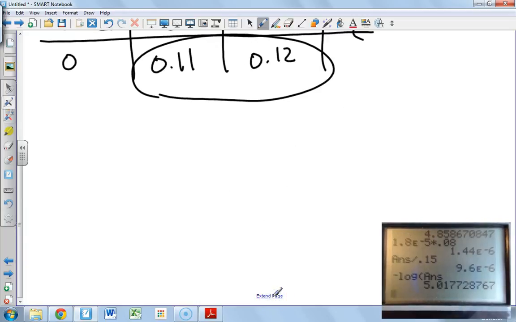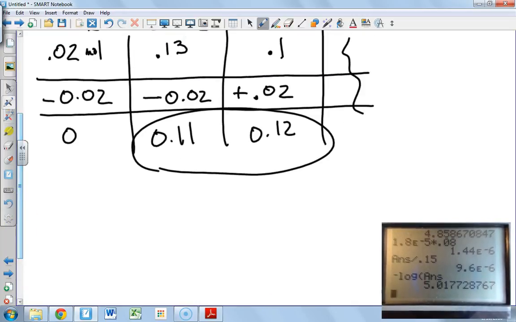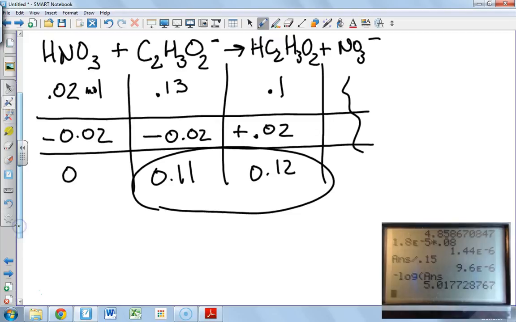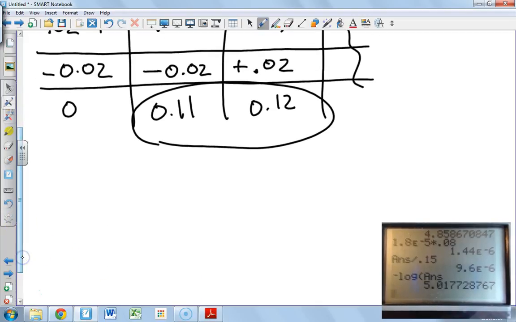Okay, but now that we've added the strong acid, it's still an acid equilibrium problem once we're beyond this. So for the acid equilibrium problem, we keep the equilibrium side the same as we've always done.